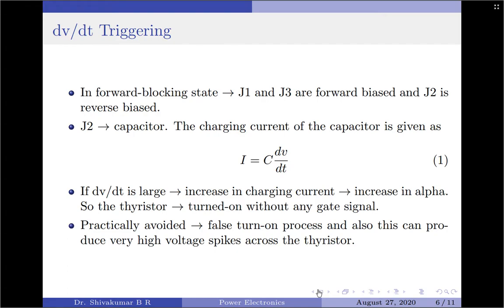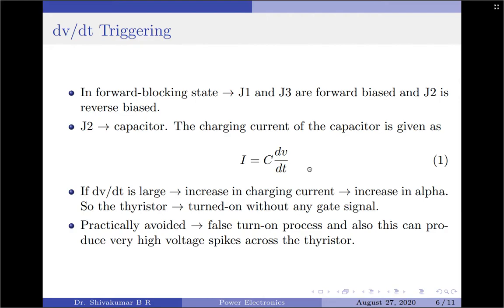Now, the charging current of the capacitor can be given by the equation I equals C times dV by dt, the value of the capacitor multiplied by the rate of change of voltage across the capacitor, where dV by dt is the rate of change of applied voltage and capital C is the junction capacitance. Now, from equation 1, if the rate of change of the applied voltage is made large, this would lead to an increase in the charging current, which is enough to increase the values of the individual transistor current gains, that is alpha.